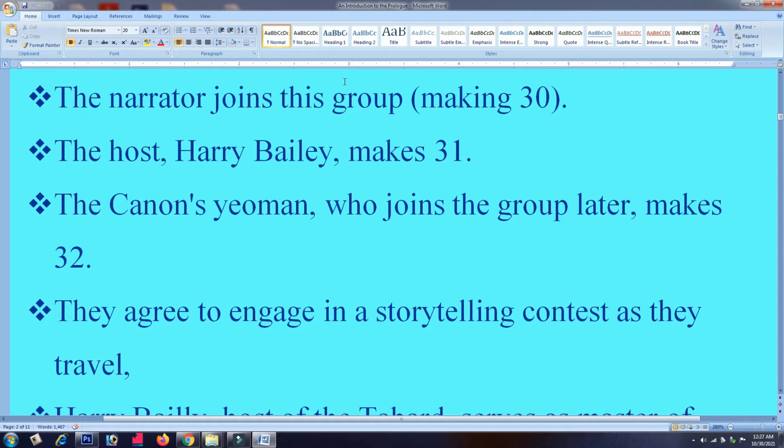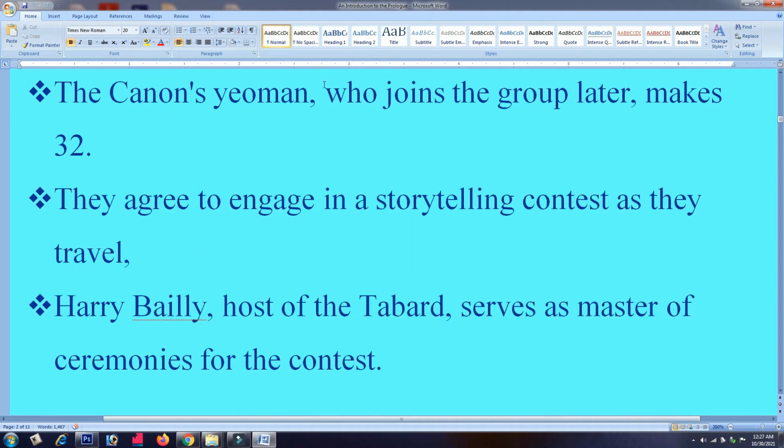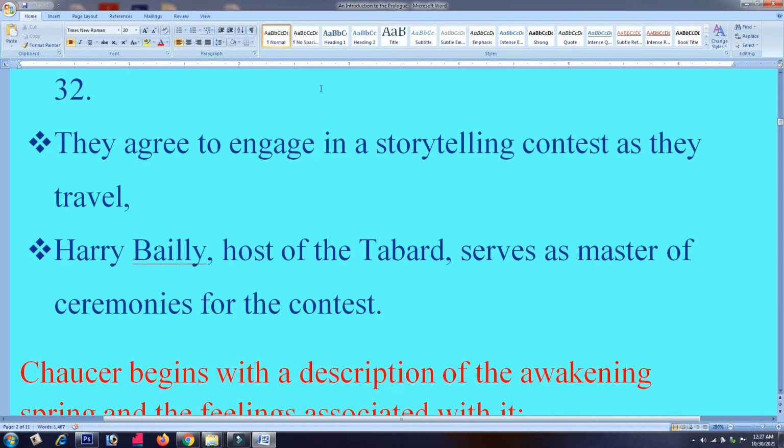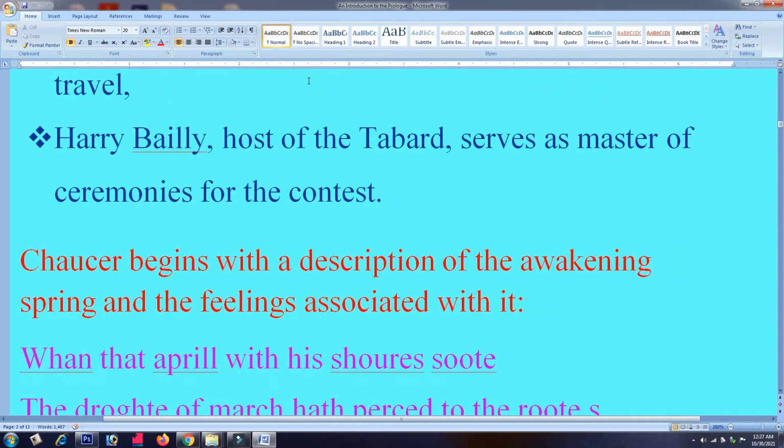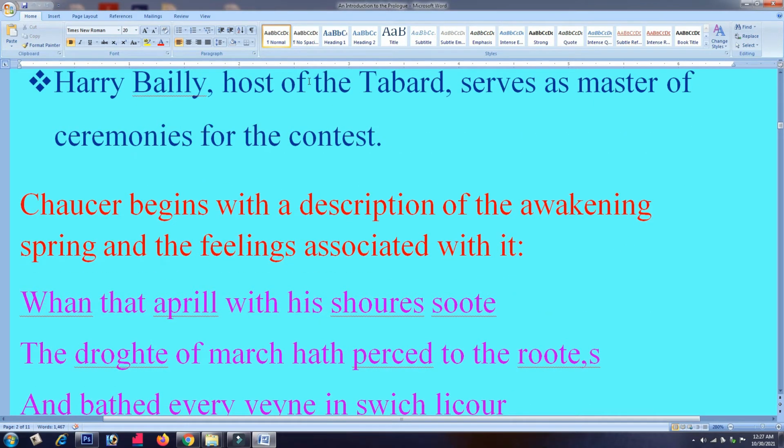They agree to engage in a storytelling contest as they travel. Harry Bailey, host of the Tabard Inn, serves as the master of ceremonies for the contest. Chaucer begins with the description of the awakening spring and the feelings associated with it.